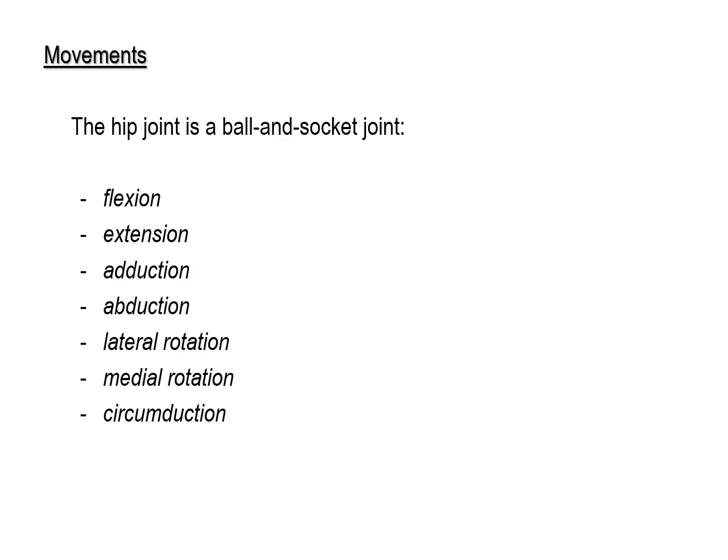The hip joint is a ball and socket synovial joint. Its range of movements is restricted due to its role in weight bearing. The movements of the hip joint are flexion, extension, adduction, abduction, lateral and medial rotation, and circumduction.